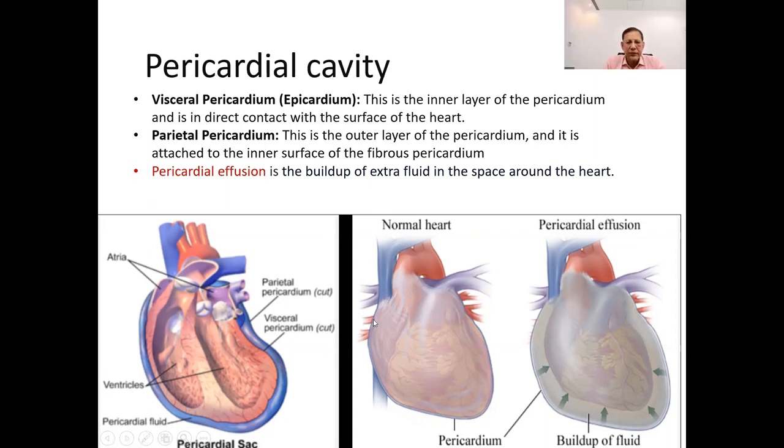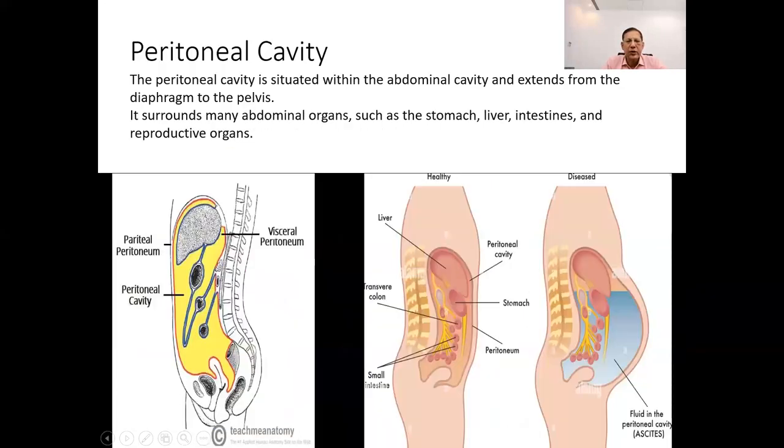The pericardial cavity is the anatomical space which is surrounded by, again, the innermost layer, which is called visceral pericardium, sometimes also called epicardium, and the outermost is the parietal pericardium. So normally there is no fluid, but in case of pericardial effusion, there will be accumulation of fluid within this pericardial cavity, and this is called pericardial effusion.